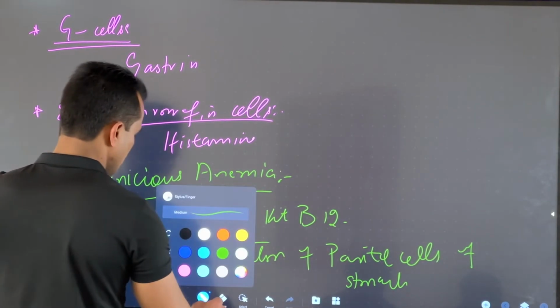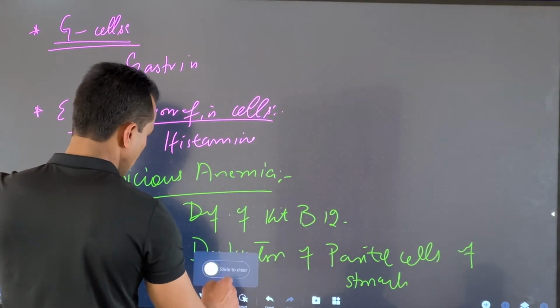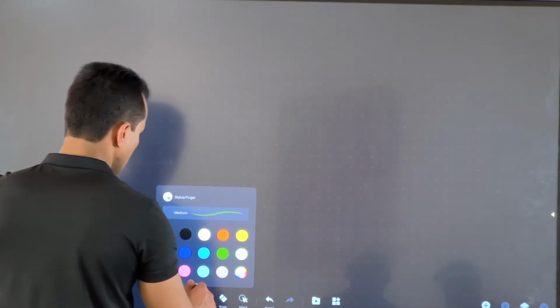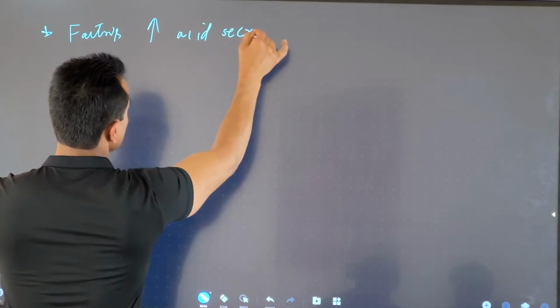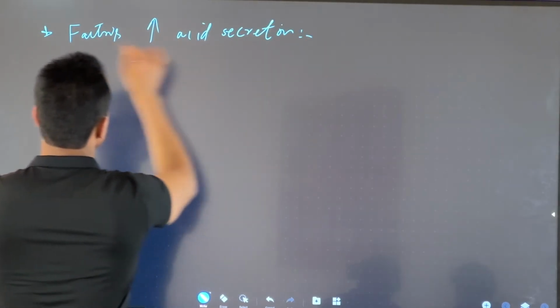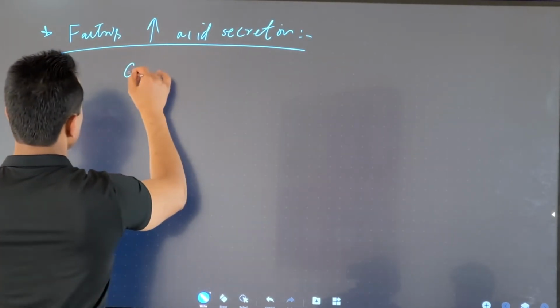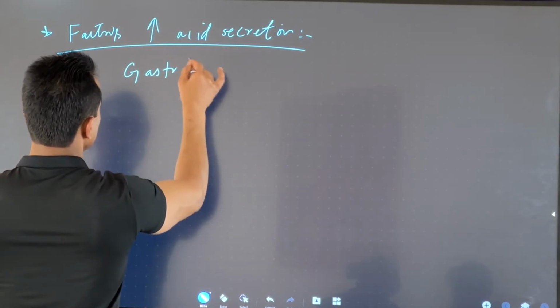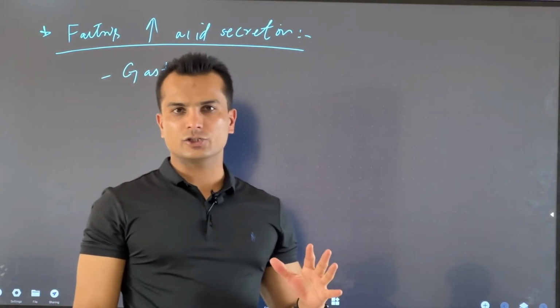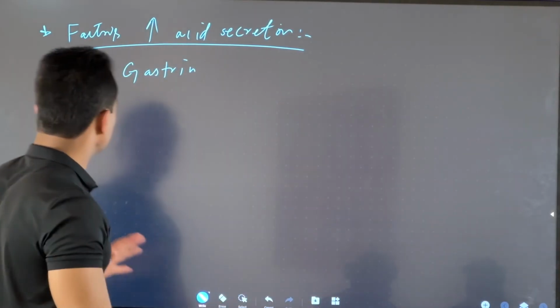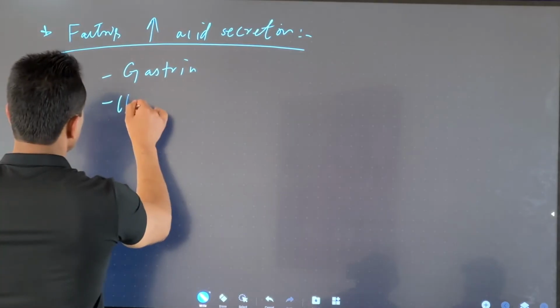Then next, what are the factors which increase gastric acid secretion? Number 1, you have gastrin. Gastrin will increase the acid secretion, and also histamine.